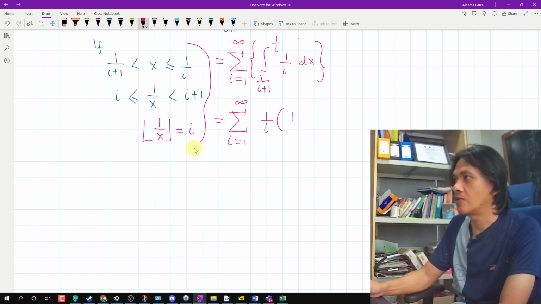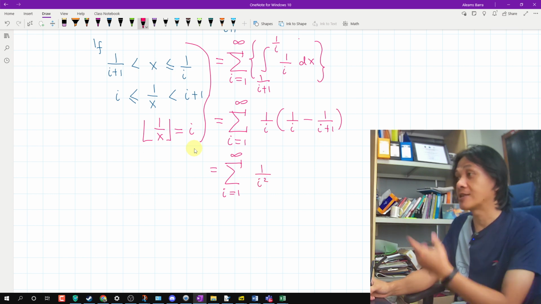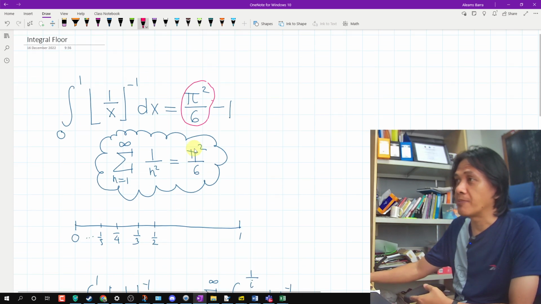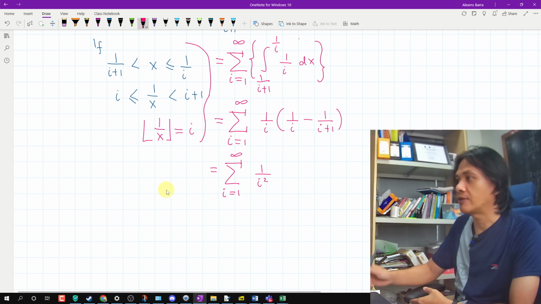So this is 1 over i minus 1 over i plus 1. And this is exactly the sum from 1 to infinity of 1 over i squared. And we can see here that this is our friend that we mentioned earlier. So we are on the right track.